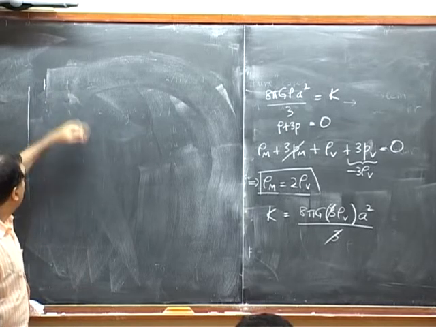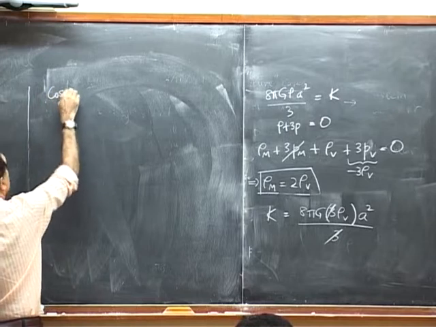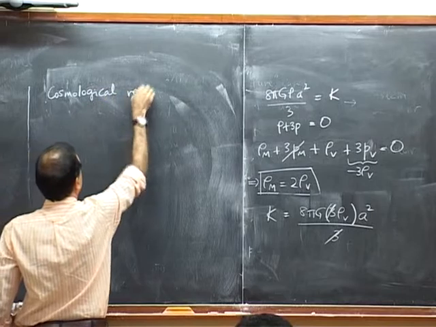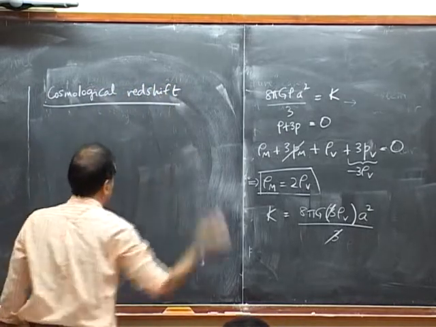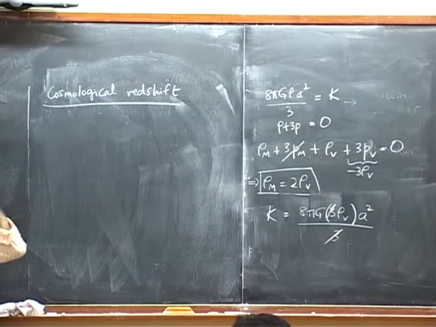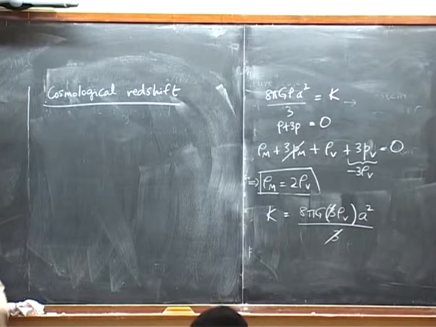Anyway, the key idea, which is something we've encountered before in a different context, is the redshift. Redshift is the shift in the frequency of a light ray compared to what it was when it was emitted. We've seen many kinds of redshift. The first time you learn about redshift is when you learn about Doppler shift, because a source emits a wave, and it doesn't have to be light, it can be sound also.